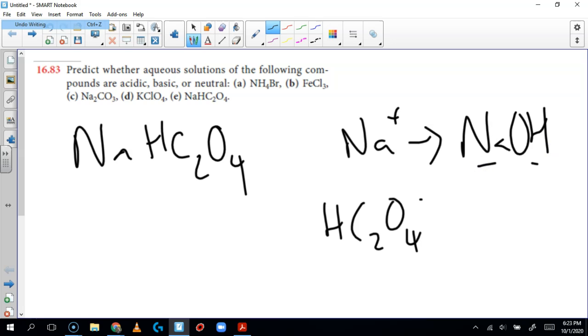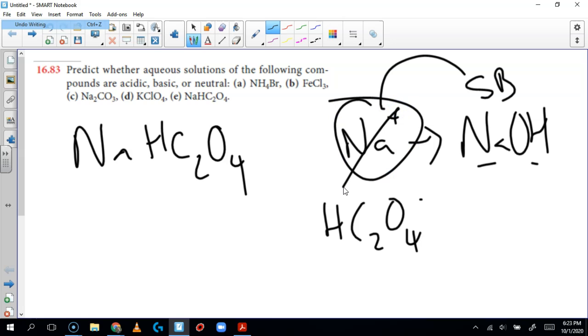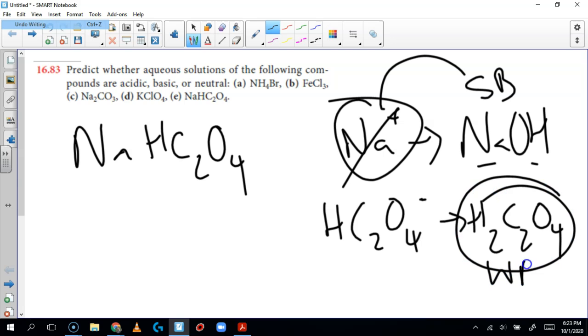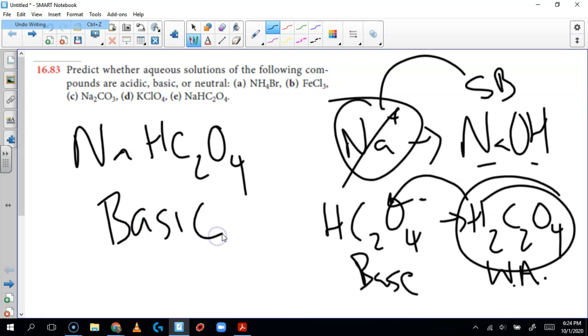Because it's a strong base, this does not contribute to the overall pH of the solution. The conjugate of hydrogen oxalate is H2C2O4, which is a weak acid. Because it's a weak acid, this will contribute to the overall pH, and hydrogen oxalate ends up being a base because the conjugate of a weak acid is a base. That means this compound is going to form a basic solution.